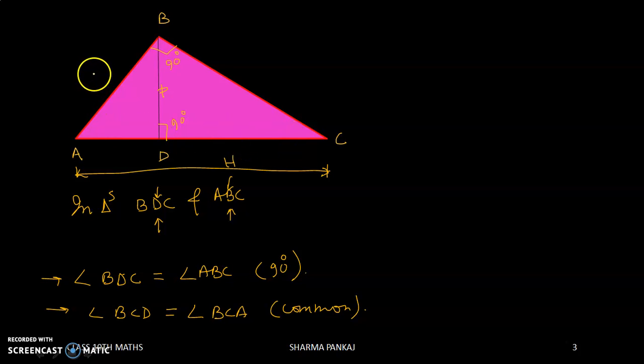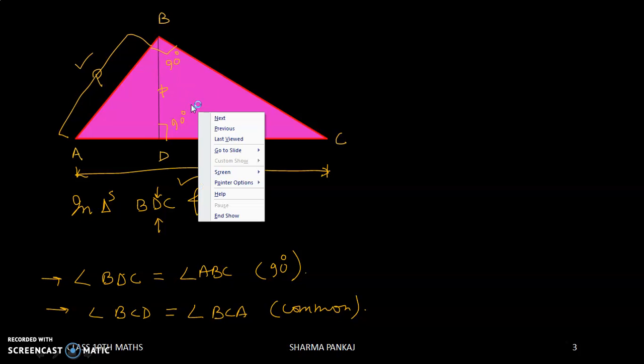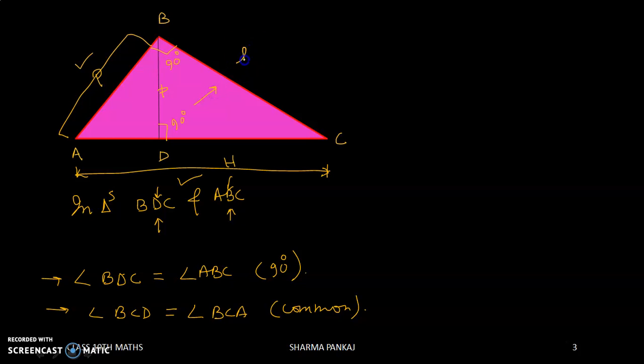For triangle ABC, perpendicular is this, hypotenuse is this, and for the smaller triangle, hypotenuse is this. This is H, and this is your smaller P, that is perpendicular.